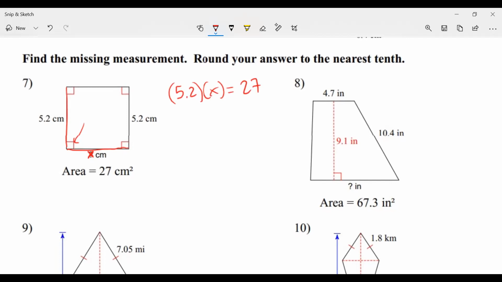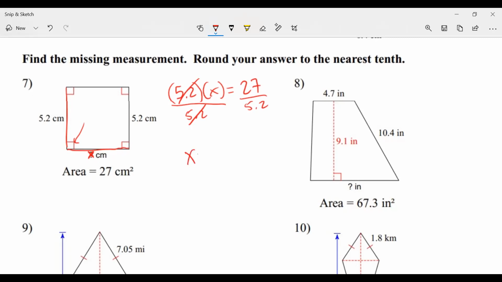Right? Got to solve for x. So let me divide both sides by 5.2, because I want the x by itself. Let me divide by 5.2, because division is the opposite of multiplication.